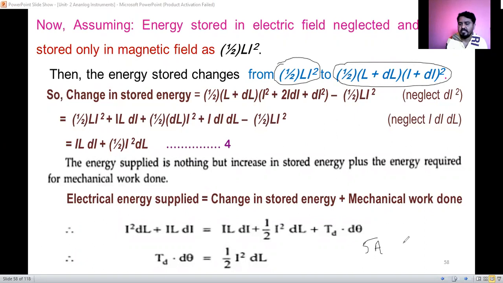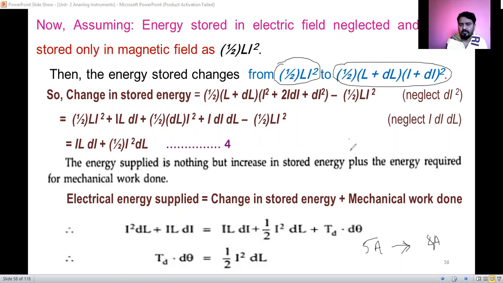After some time I change the current to 8 ampere. What is the net change of the current? How much has it changed?